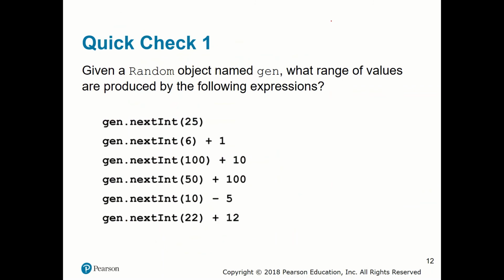Let's do a quick check. Given a random object named gen, what range of values are produced by the following expression? nextInt(25) will give from 0 to 24. nextInt(6) will give 0 to 5, and then we need to add 1, so 1 to 6. nextInt(100) will give from 0 to 99.